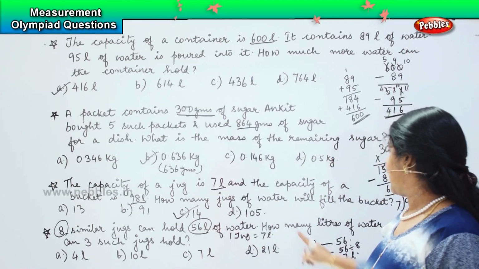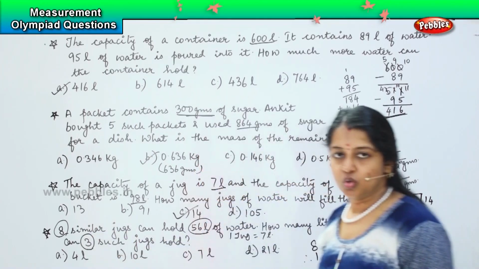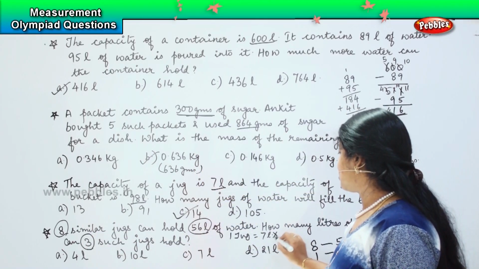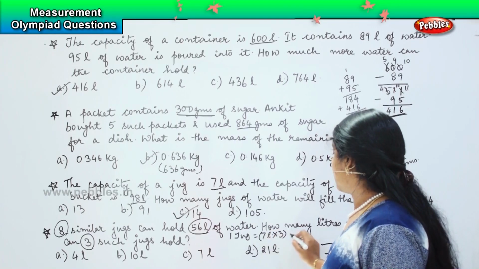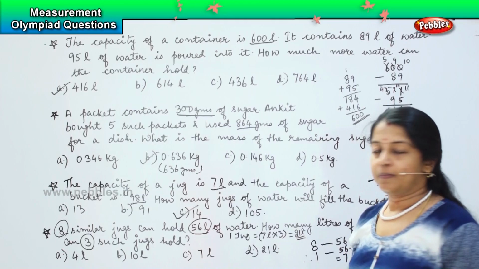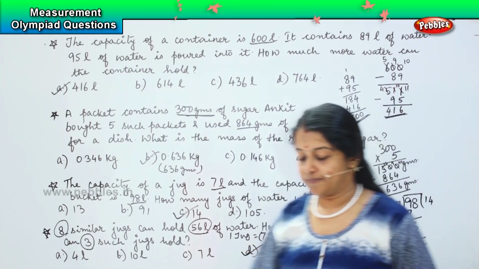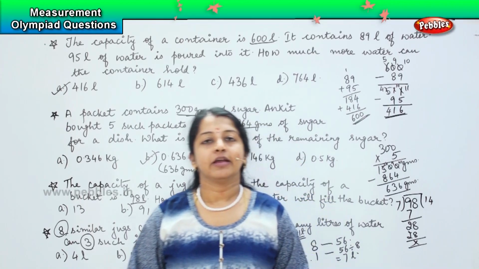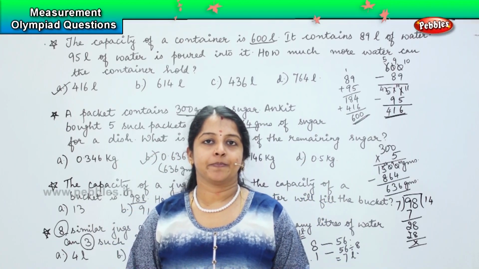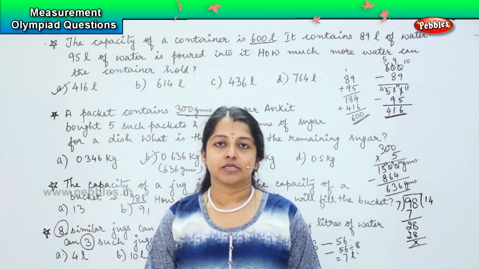So now they are asking how many liters of water can 3 such jugs hold. So 7 into 3, which will give me an answer of 21 liters. So where is the option, children? It is option D.